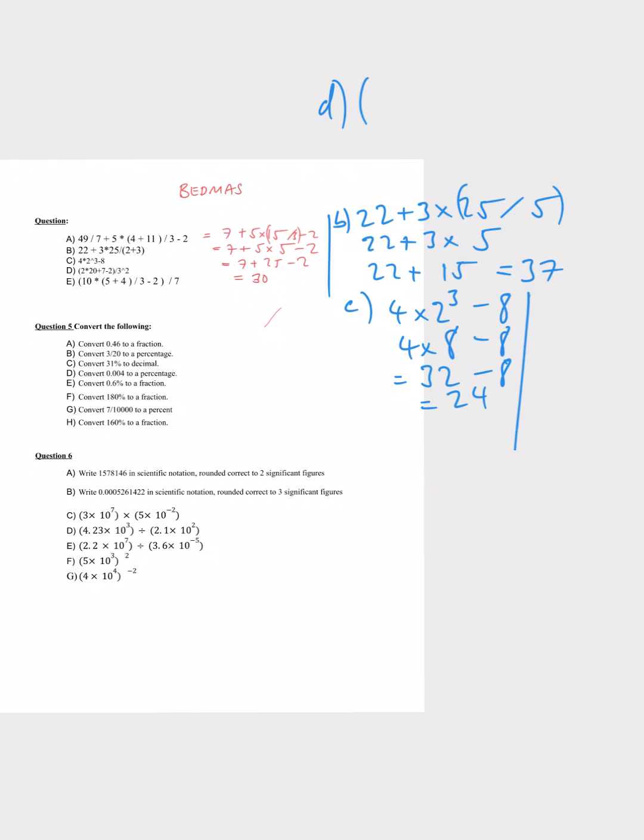Inside those brackets, we have more stuff. So the first thing that we do inside the brackets, that's these brackets here. The first thing we do inside here, we have plus, minus, and multiply. So we'll multiply first. I'll do that 2 times 20. So 2 times 20 is 40. Plus 7 minus 2. Divided by 3 to the power of 2. 3 squared.